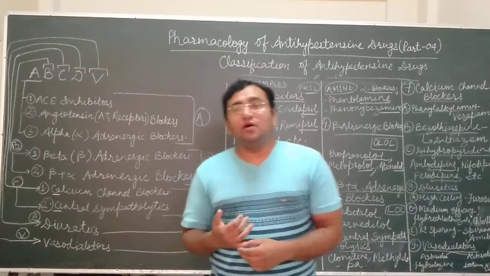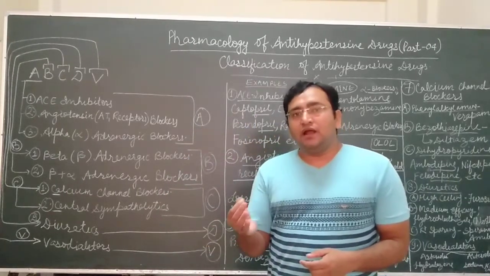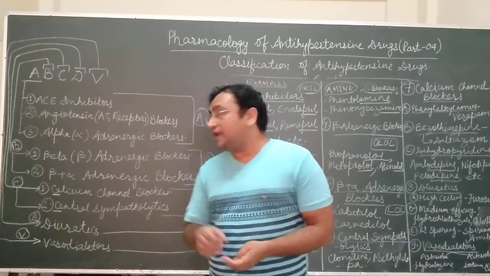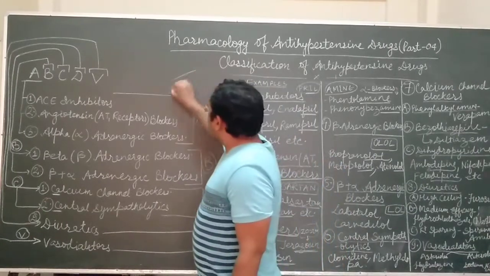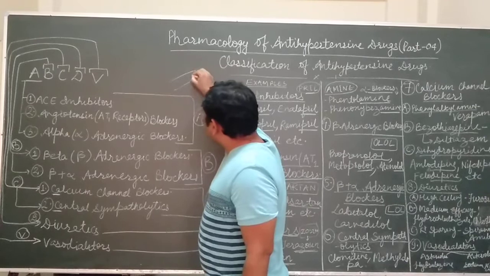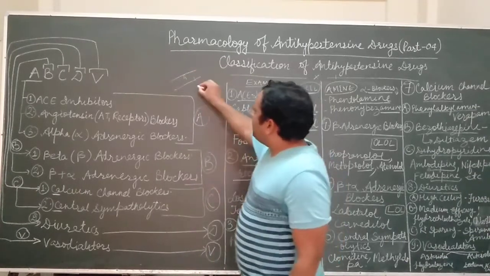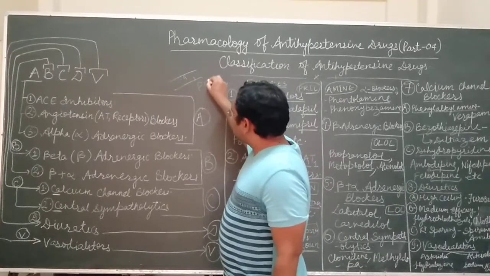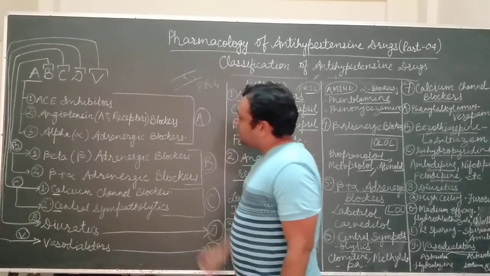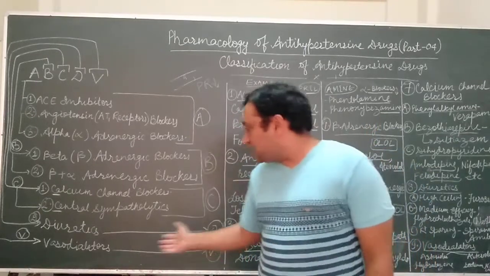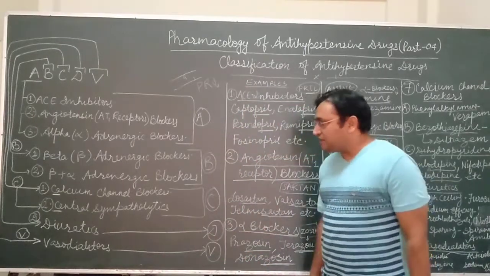We know that dilating the blood vessels will decrease the blood pressure. Why? Because the peripheral resistance will be decreased and blood pressure will be decreased. There are some examples of vasodilators.